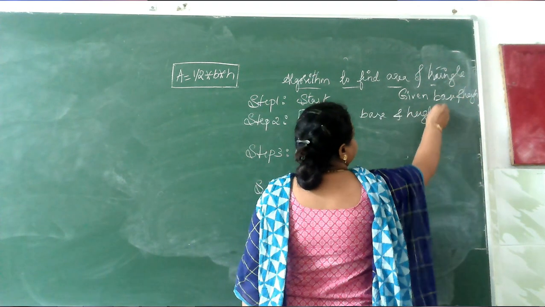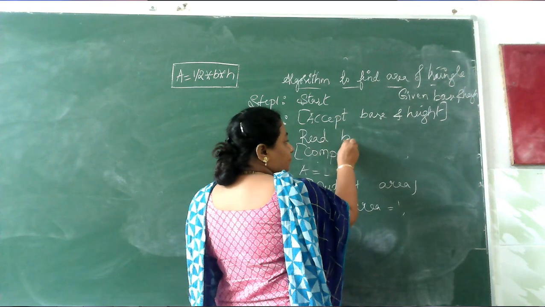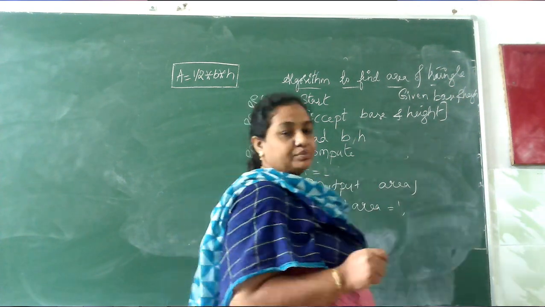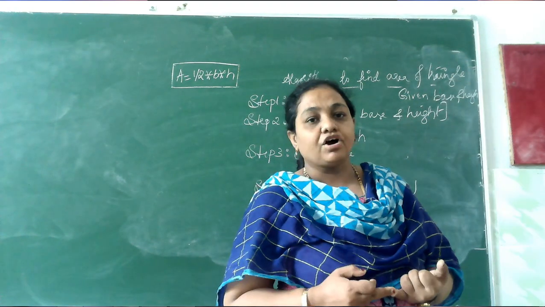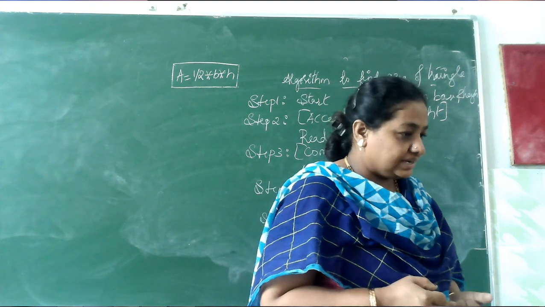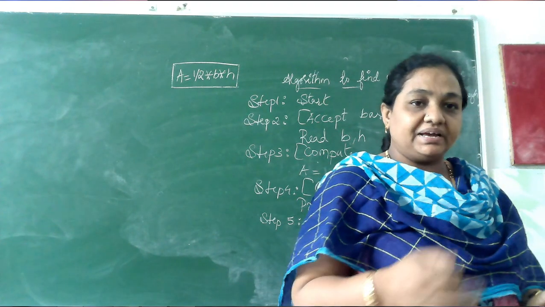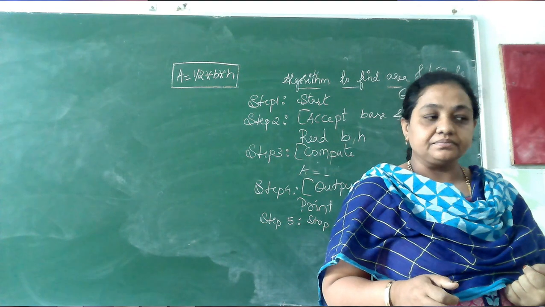So we will write an algorithm to find the area of a triangle given base and height. We will be calculating the area of a triangle for which the base and height value is given.